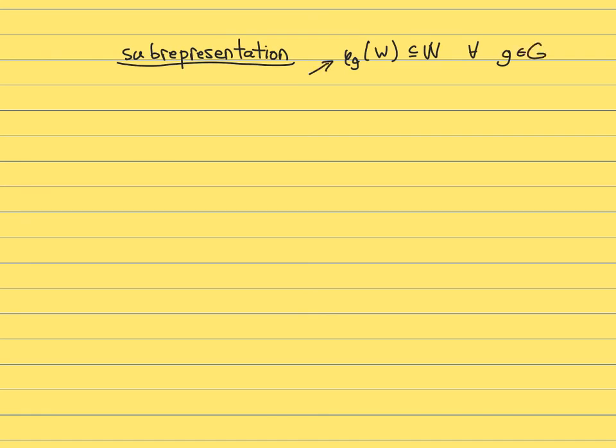You use the word subrepresentation if you've already defined the representation. And you use the word submodule if you're defining the G module. So again, there are two simultaneous terminologies going on at the same time: the notion of a G module and the notion of a representation. They're both equivalent notions, so usually which term you use depends on which concept you're working with, but they are equivalent.